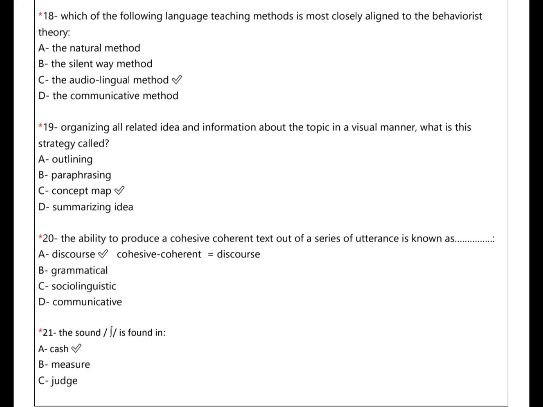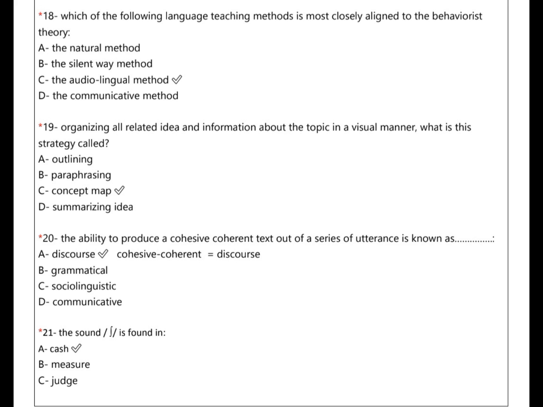Organizing all related ideas and information about the topic in a visual manner. What is this strategy called? A. Outlining. B. Paraphrasing. C. Concept map. D. Summarizing ideas.